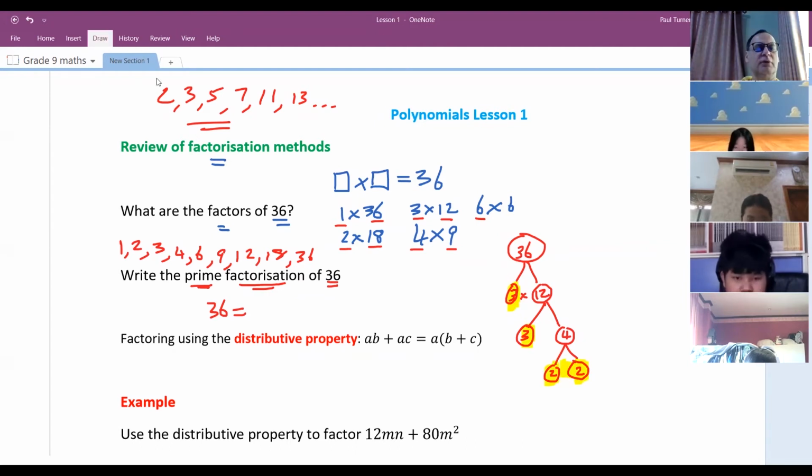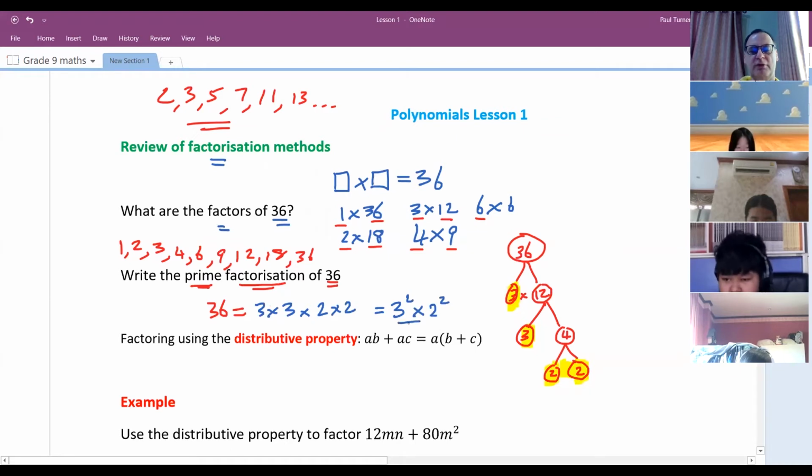So we'll have 3 times 3 times 2 times 2, which is 3 squared times 2 squared. So we basically just break our number 36 down into a product of prime numbers. So 3 squared times 2 squared, and you can multiply that, you can check it yourself, okay?